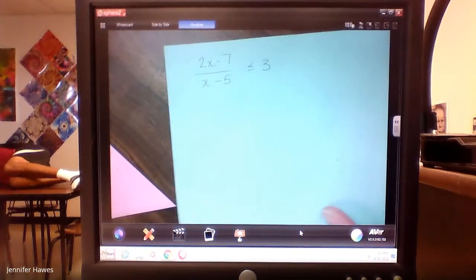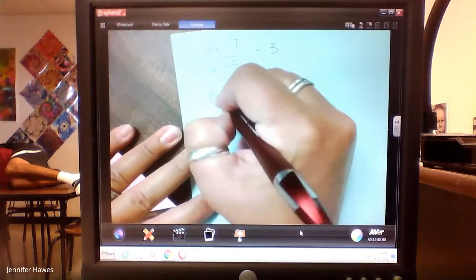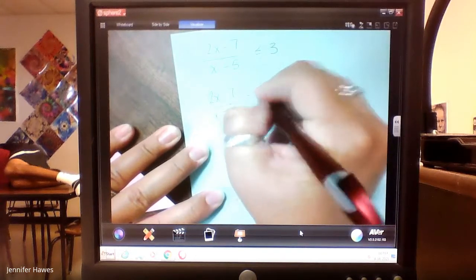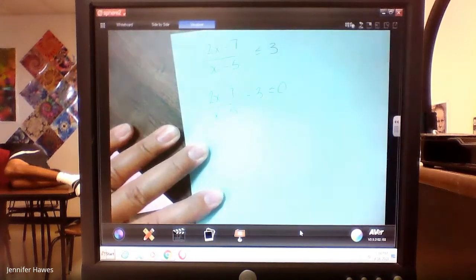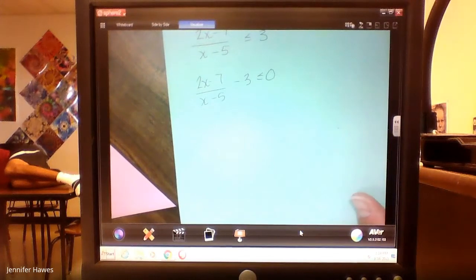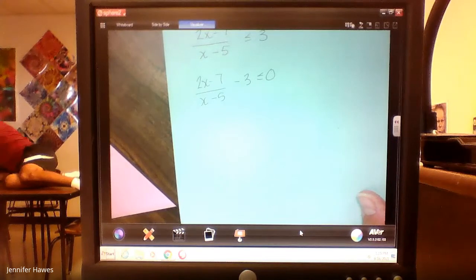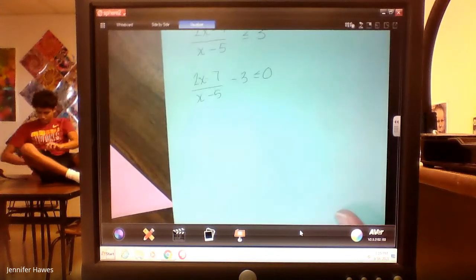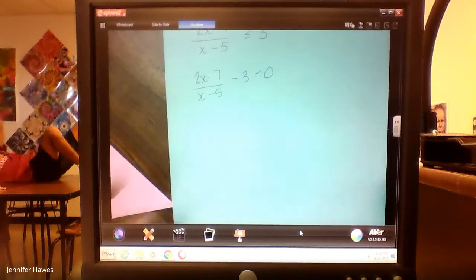First thing I have to do is bring that 3 over. Okay, we good there? So far, so good. Okay, when you add 2 fractions, you need a what? Common denominator, right? Okay, so x minus 5 is my common denominator.